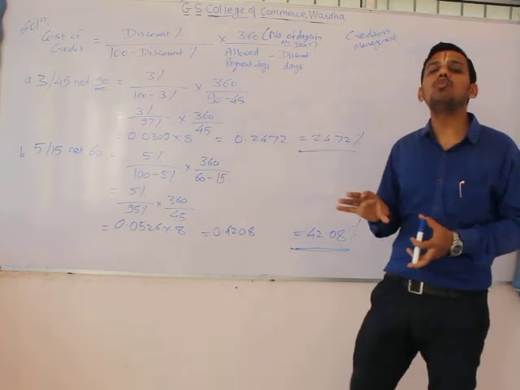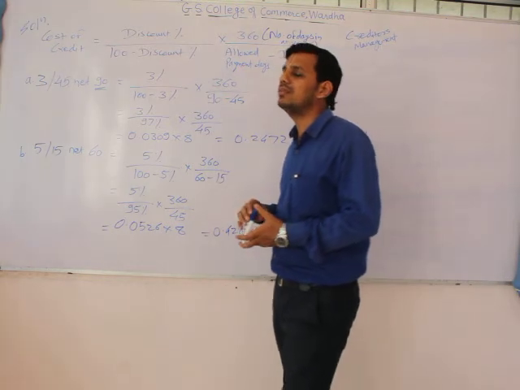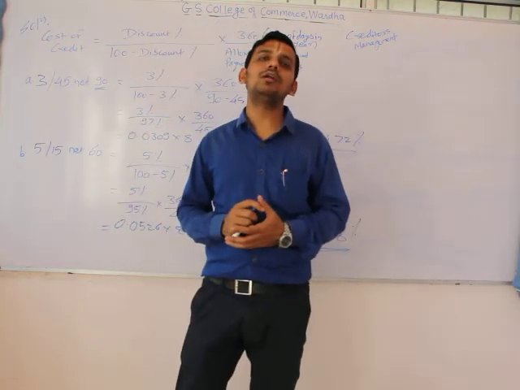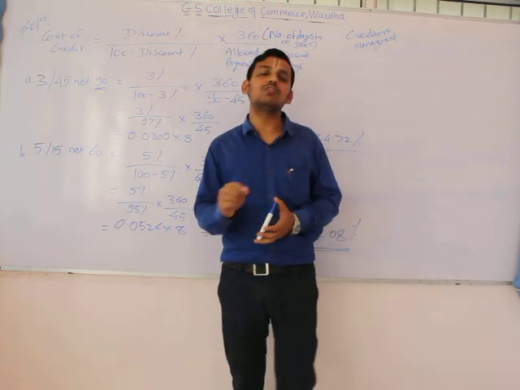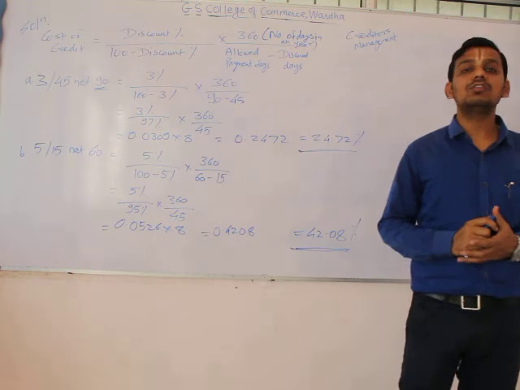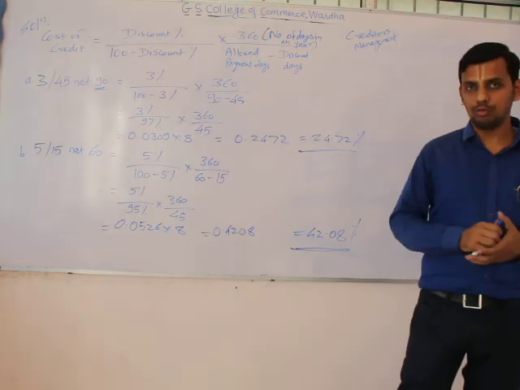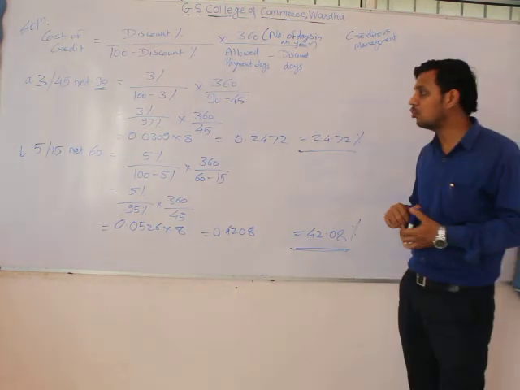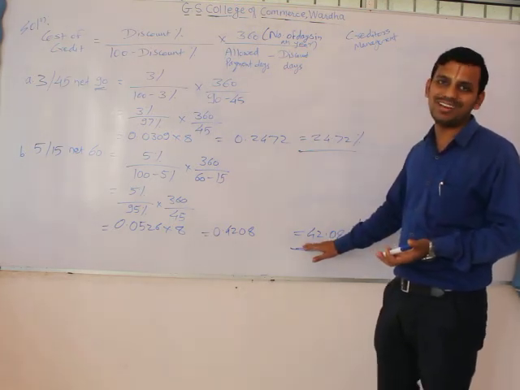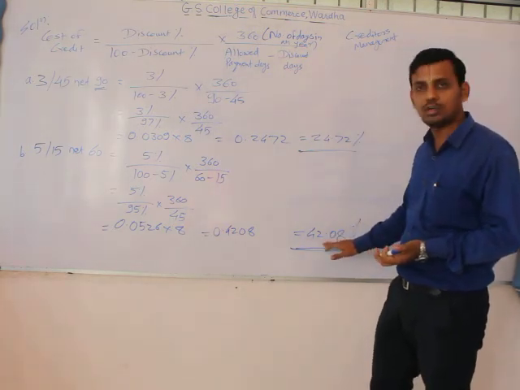Sometimes we have to remember that a question is asked quite differently. We have to read the last portion very carefully. It is written: calculate cost of credit and suggest the best proposal. If it was asked which was the costly proposal for the company, we would have said 5/15 net 60, because it was 42.08%.